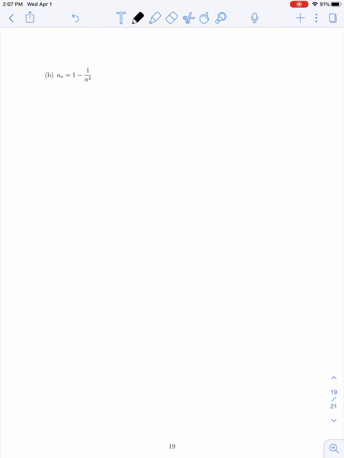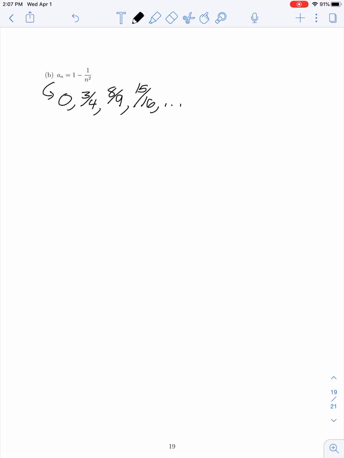So let's look at another one, maybe a little more complicated. In part B, we have a sub n is 1 minus 1/n squared. It might help to write out the first few terms of our sequence. Starting with n equals 1, we would have 1 minus 1, or 0. If n is equal to 2, we would have 1 minus 1/4, so 3/4.